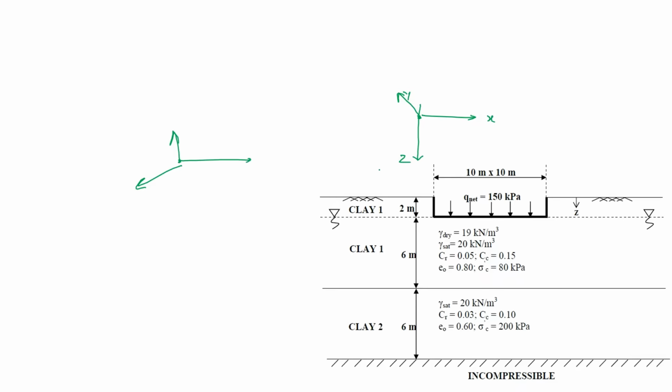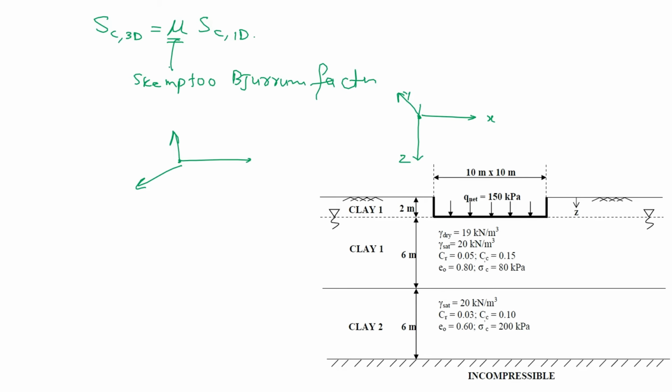To counter these 3D impacts, we will convert this 1D consolidation into 3D consolidation by multiplying it with a factor that is known as the Skempton-Bjerrum factor.